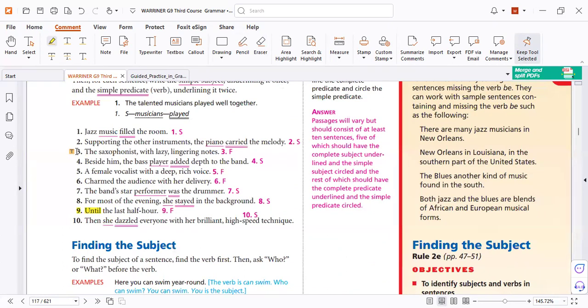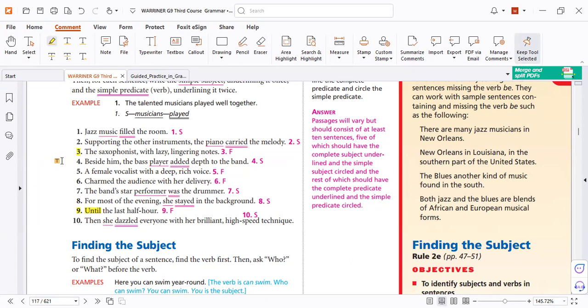Now tell me why 3 is a fragment. What does it lack? I don't know. Here, is there a subject? Is there a verb?